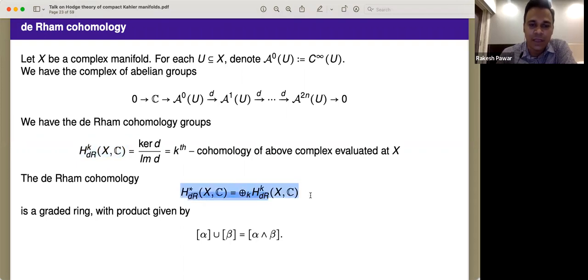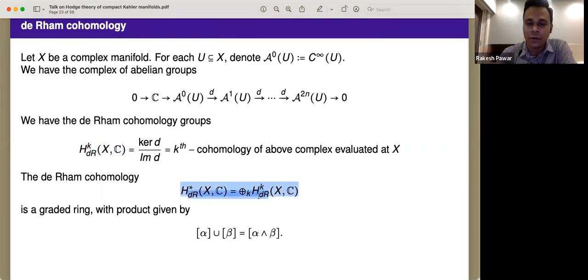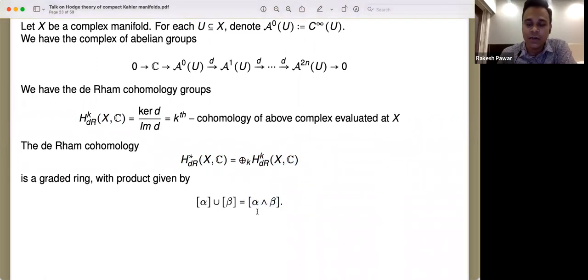It forms a graded ring, with product given by wedging two differential forms. Take a wedge product of two differential forms, and you can check that if you take two elements in the corresponding cohomology groups, take the wedge product, it gives a cycle, and you get a well-defined element in the cohomology group, and that will be our definition of product.